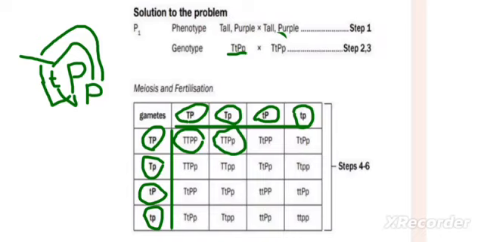So let's find the genotype for this one over here. We're going to combine the same letters first, which is small t and a small t, and then we're going to combine big P and a small p, and we have a big P and a small t. Never ever put a small letter before the big letter.